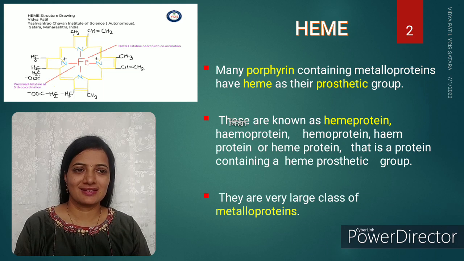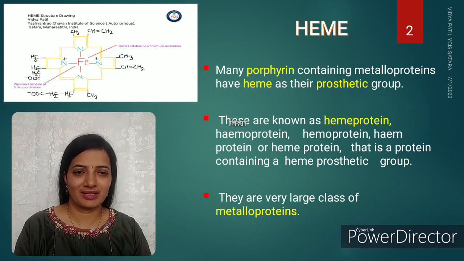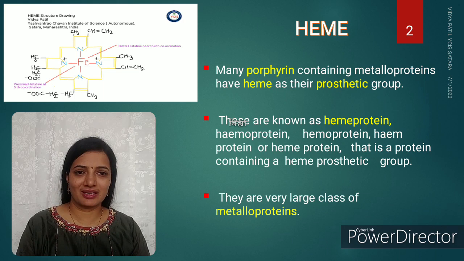These are known as heme proteins, or with a slight difference in spelling, haem proteins according to British English, and again with some difference in writing, hemoprotein, or as separate words, heme protein. So any form is correct. They are a very large class of metalloproteins.